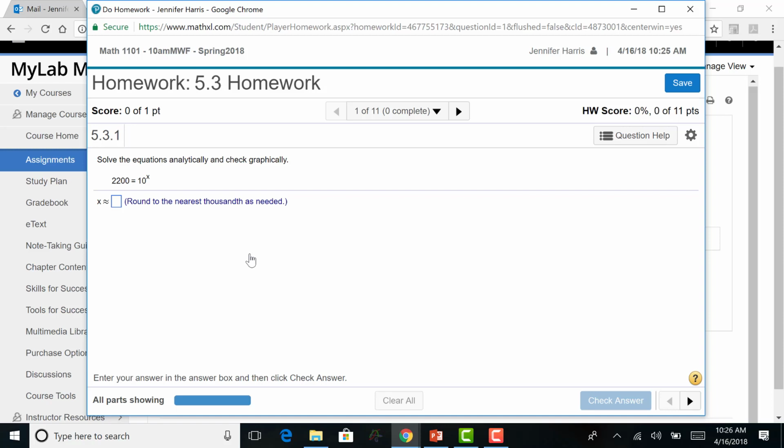Circle method says start here, draw your circle from 10 to 2200 to x. So I've got log base 10 of 2200 equals x. When I put this in the calculator, do I need the 10? No, you do not. So I need log of 2200 should be my answer.